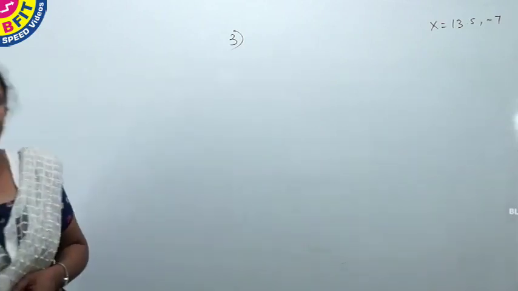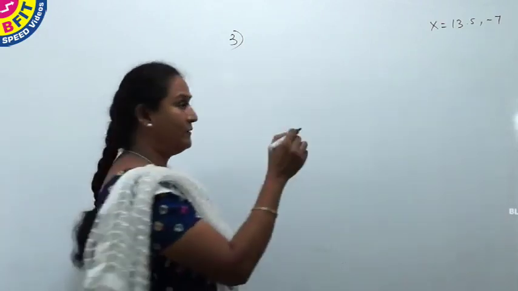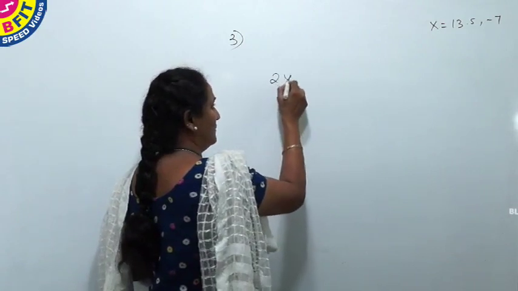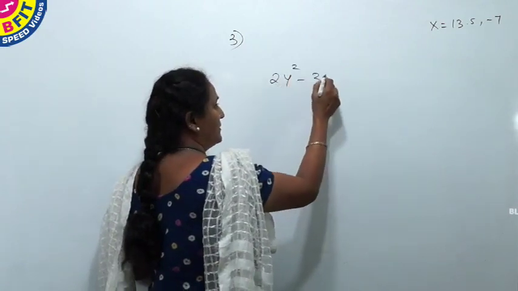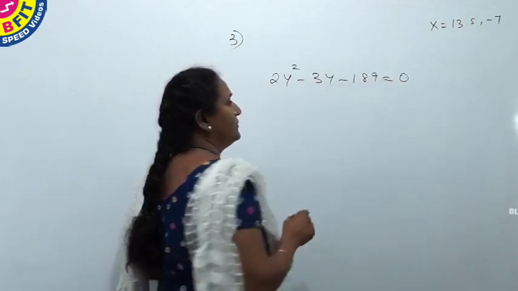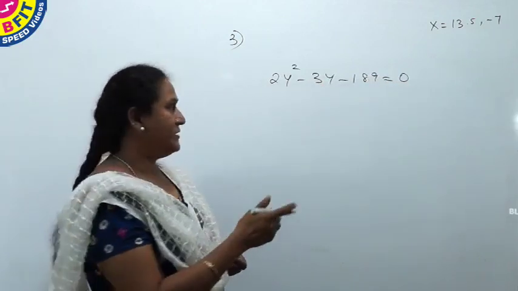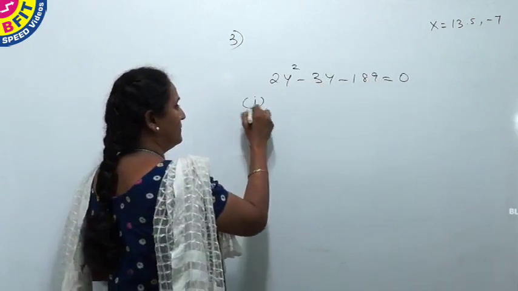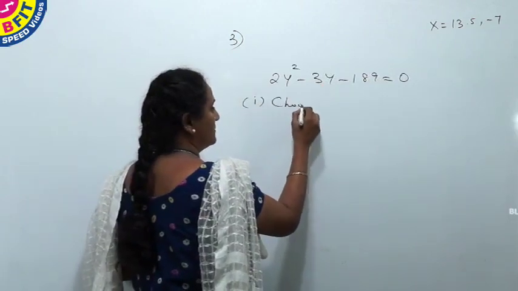So the second equation is 2y square minus 3y minus 189 equal to 0. So again the three steps, choose the numbers.